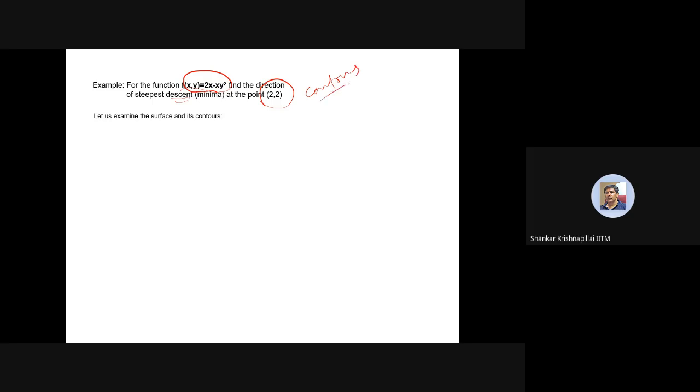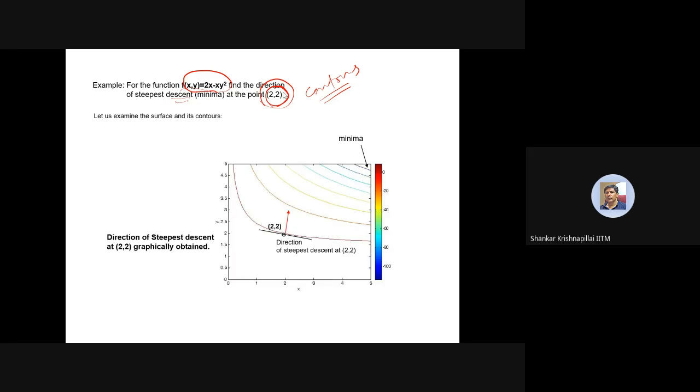You have to draw the contour at 2, 2, draw the tangent, and then the perpendicular to the tangent. That's the direction of steepest ascent. Actually, this method will not be asked in the exam. This is just to show you the topology of the contours. So this is the contours, and this is our starting point 2, 2.